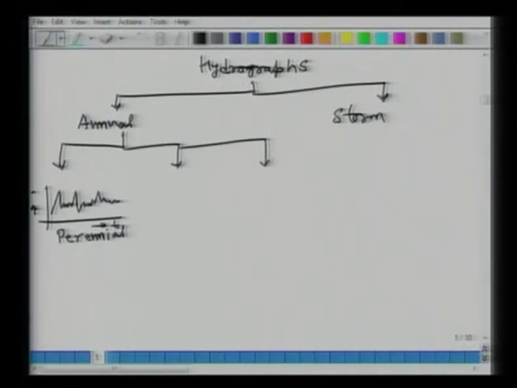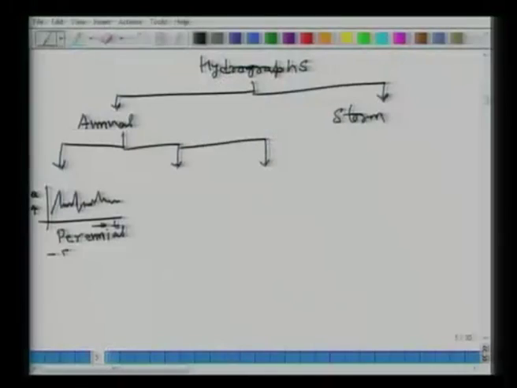You see that on the x axis we have time, and this is your Q of flow in the river, all right. So, you see that the flow never touches 0, all right. It's never 0, there is always some water or always some flow in the river, all right. So, when we have this kind of hydrograph from a river, that is called a perennial hydrograph, and that kind of river is called a perennial river, okay, as we all know.